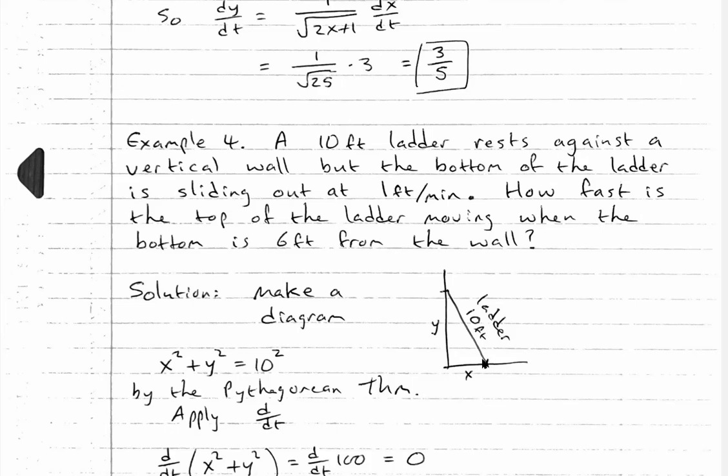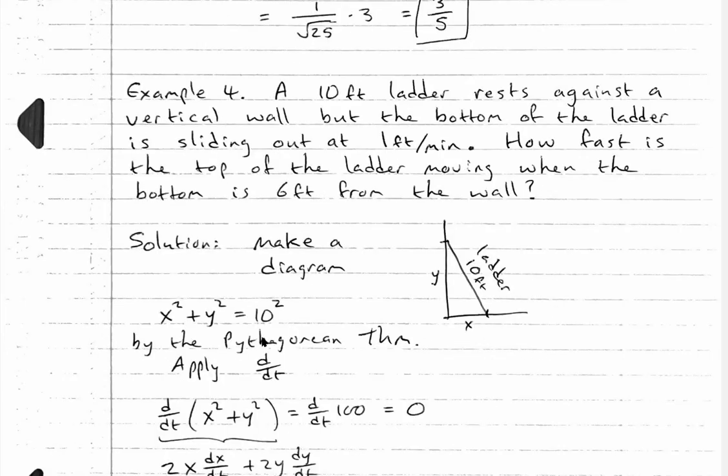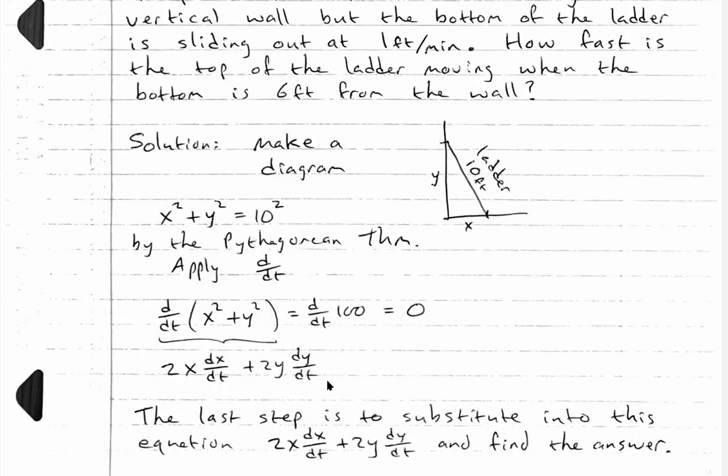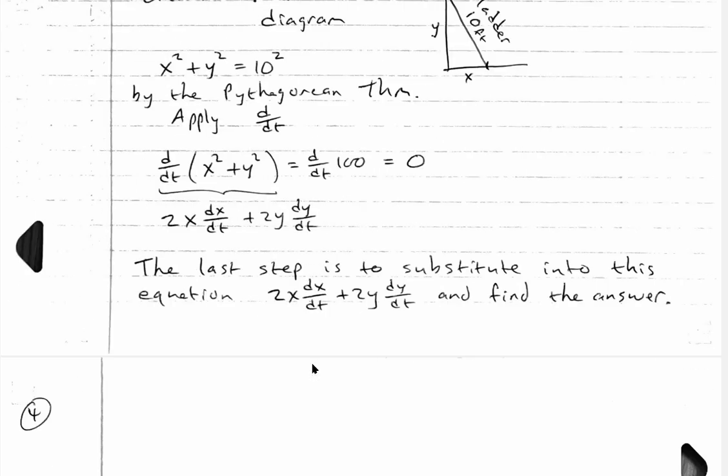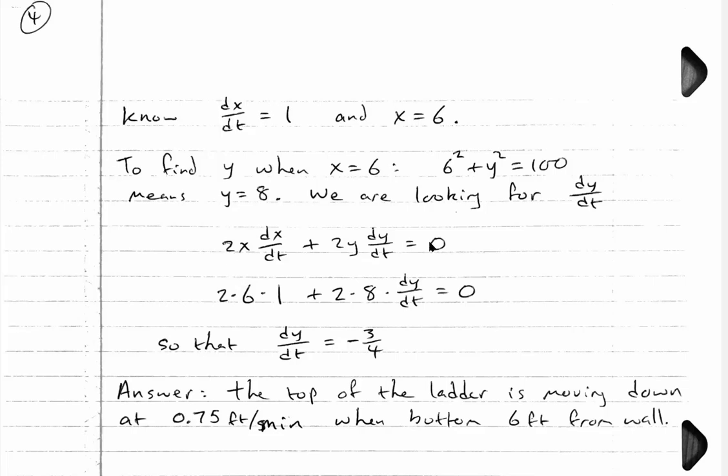We've got our ladder resting. The Pythagorean theorem gave us the equation. We have two related quantities, x and y. They're related like this. And then their rates of change are related by this equation. And substituting gets us dy/dt.